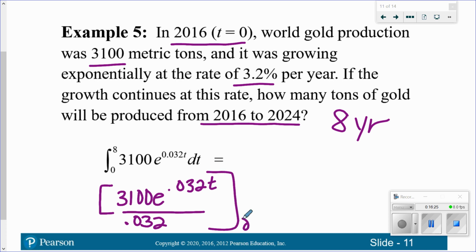And then we need to evaluate that at 0 and 8.